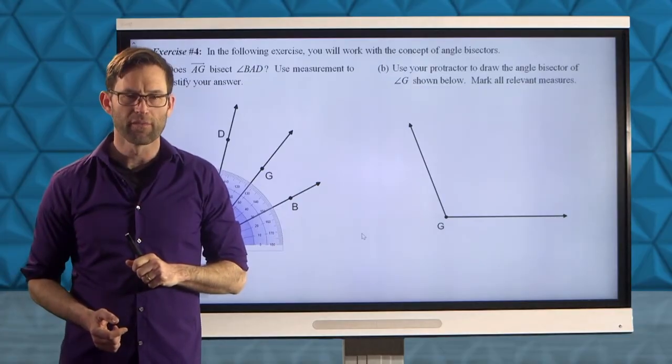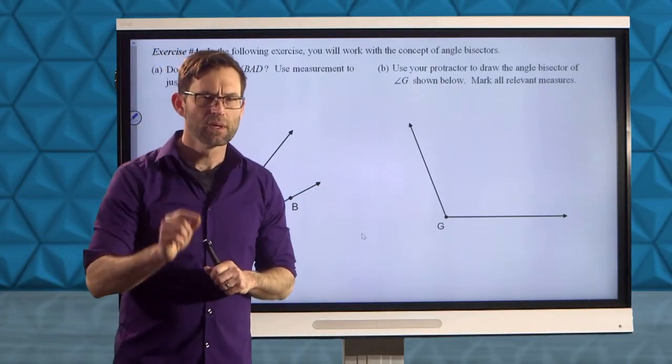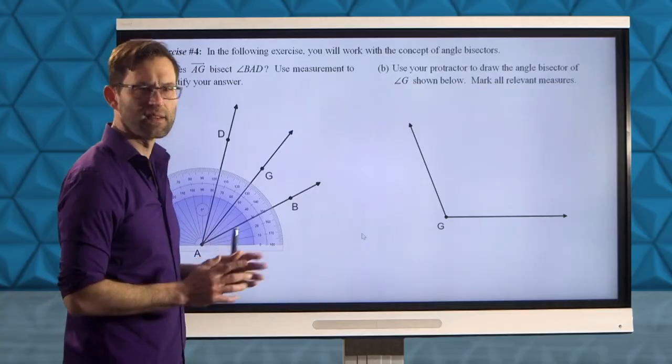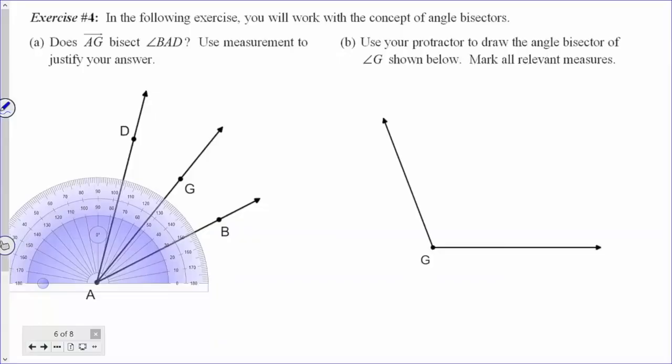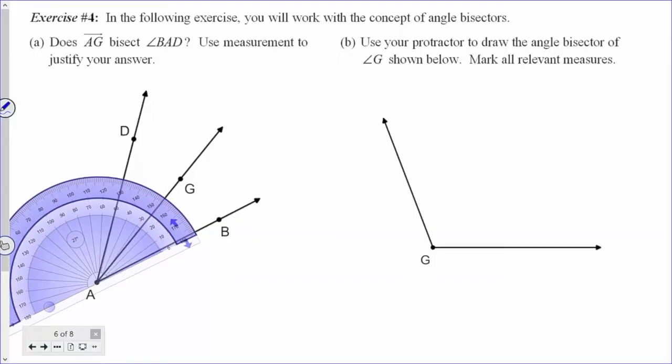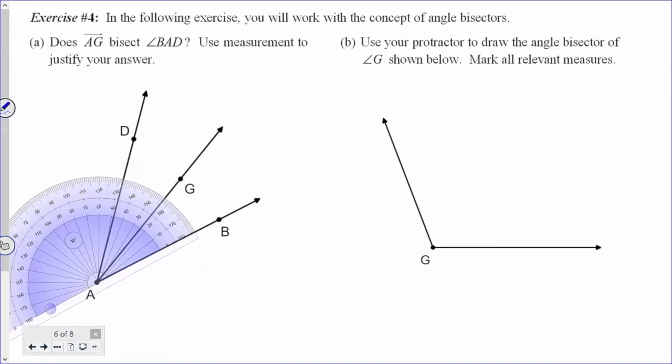All right, are you ready to find out? It's close, but I believe the answer is that it isn't. Let's take a look. All right, I'm going to measure these two angles. Angle BAG. So the measure of angle BAG looks to be about 24 degrees.